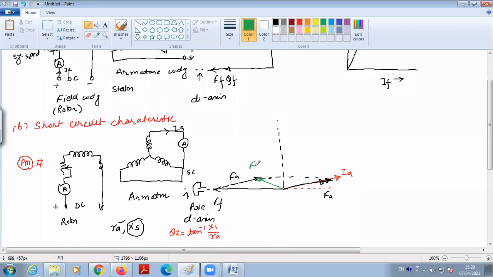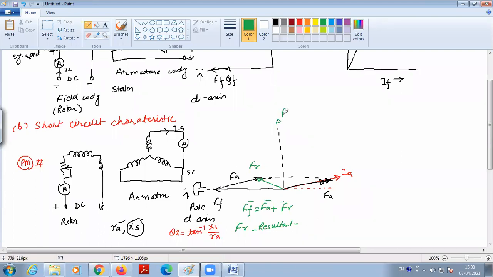So what is our observation? Our observation is that the resultant MMF is the vector addition of FF and FA, that is FR. The resultant MMF FR is very small, and this resultant MMF also produces EMF which is lagging by 90 degree, similar to FF producing EMF lagging by 90 degree.